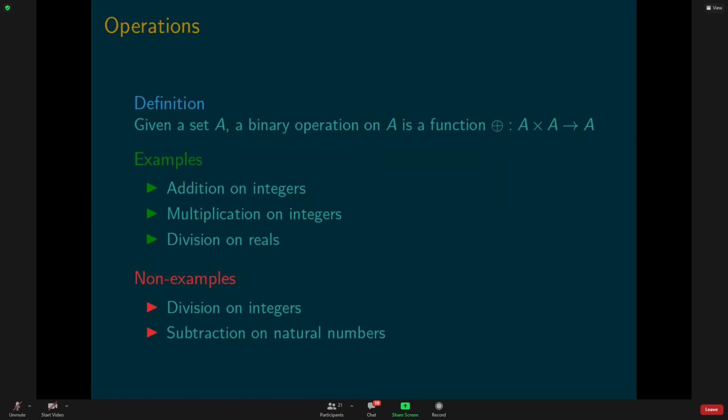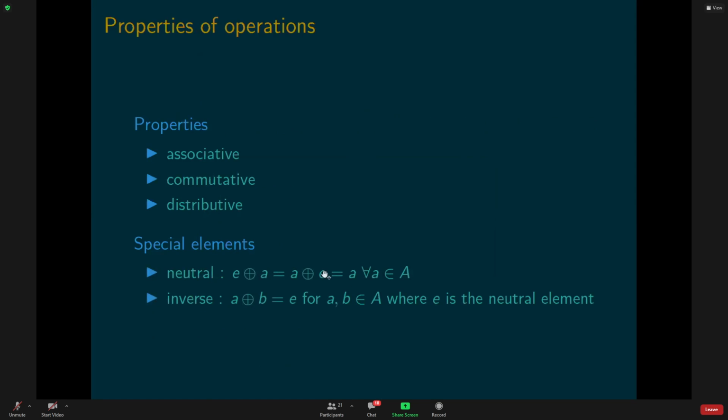So are there questions about the algebraic structures we saw? We have associative, commutative, and distributive properties, and some special elements like the neutral element and the inverse element. The inverse element: if we have an operation on A and B that gives us the neutral element, then B is the inverse of A, right?